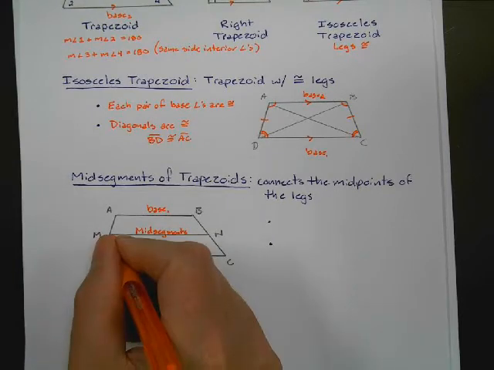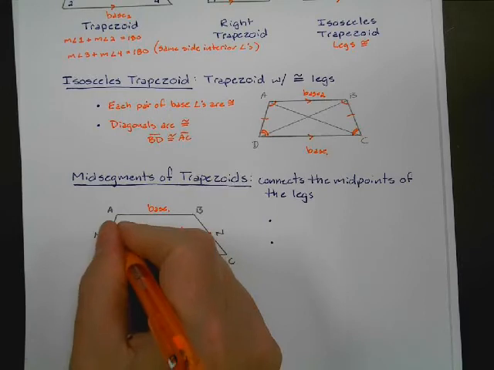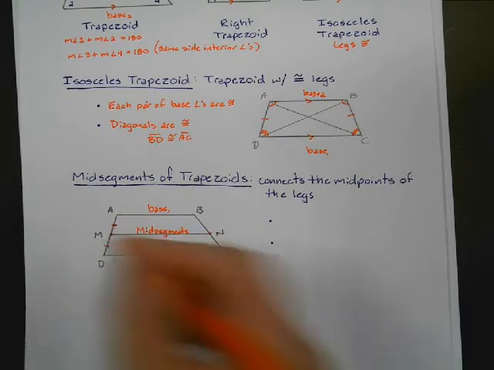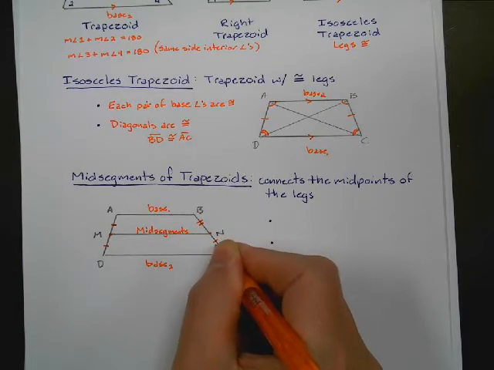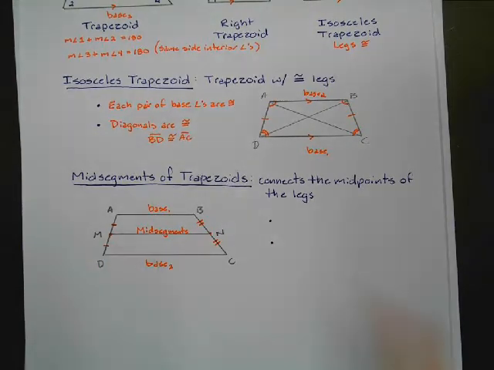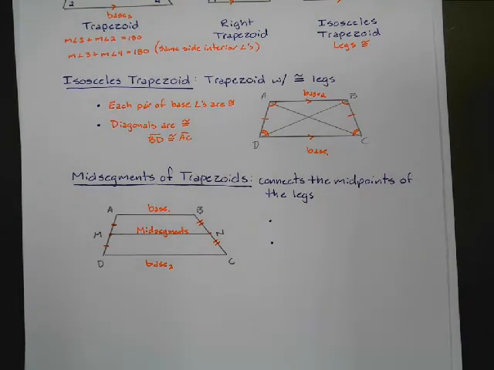Remember, midsegments connect the midpoints. So that means that this segment here and this segment here are congruent. And this segment here and this segment here are congruent. So that means those are midpoints. And just like the triangles, the midsegment is parallel to the base.